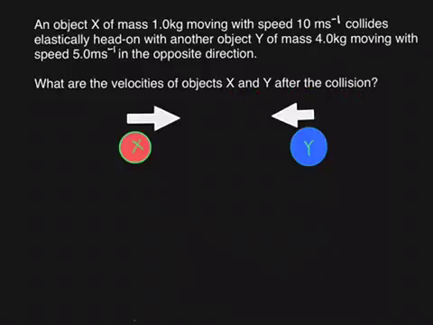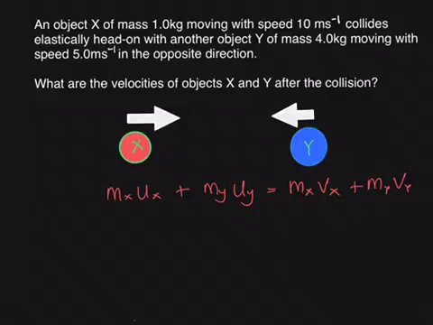Now, to solve this problem, we will make use of the conservation of momentum, which is mx ux plus my uy, the initial total momentum, equals mx vx plus my vy, the total final momentum.